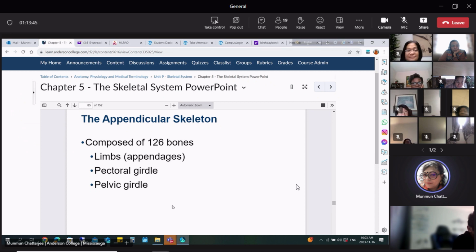Then the appendicular skeleton. We have a total of how many bones? 206. Yes, 206. In the appendicular skeleton, we have 126 bones. The rest are in the axial skeleton.